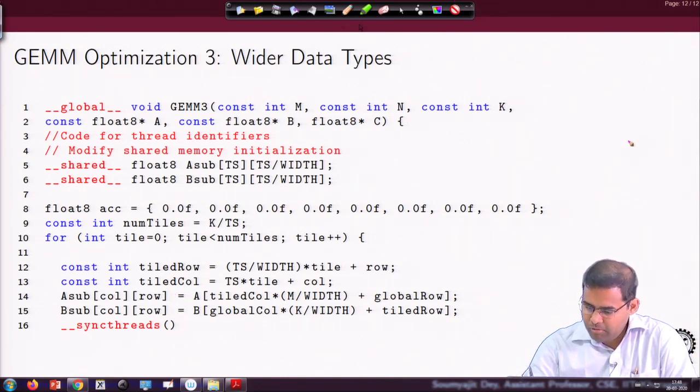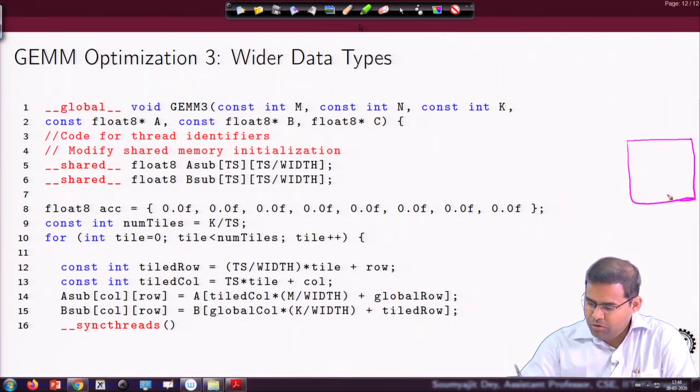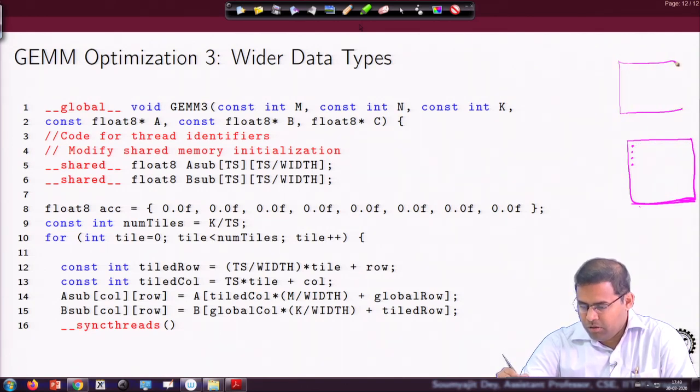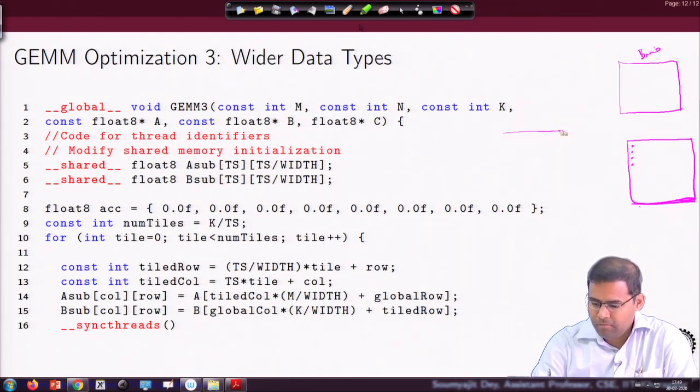I want to compute more elements in the matrix row, so I will employ a wider load instruction. This will help me to compute multiple values together. If I employ the wider load instruction, then this is B sub and this is A sub.